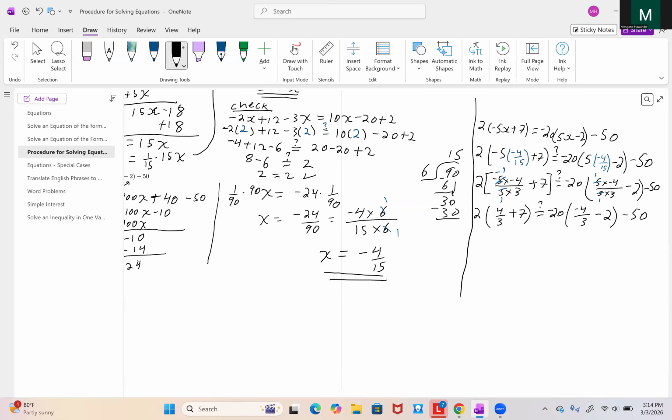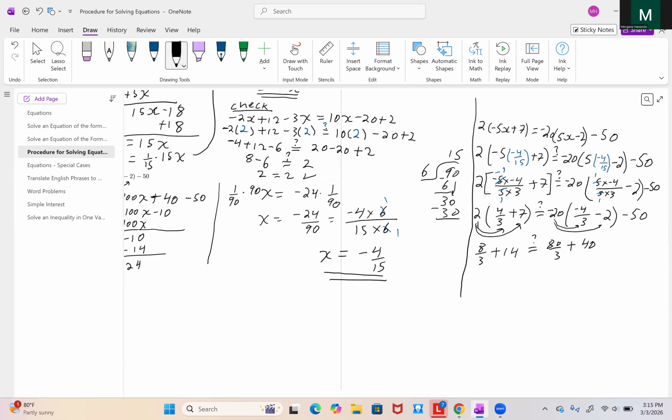So remove the parentheses. We distribute the 2, distribute the minus 20. So we have 8 over 3 plus 14 is equal to question mark. We have 80 over 3. This product is 80 plus 40.